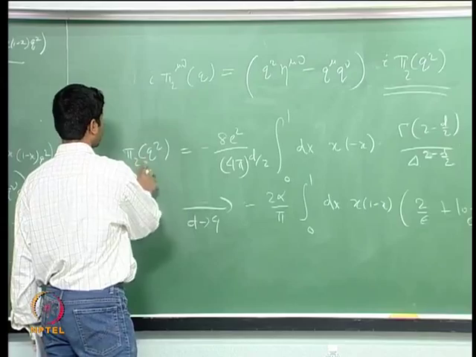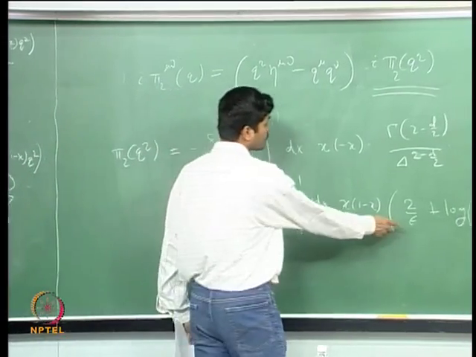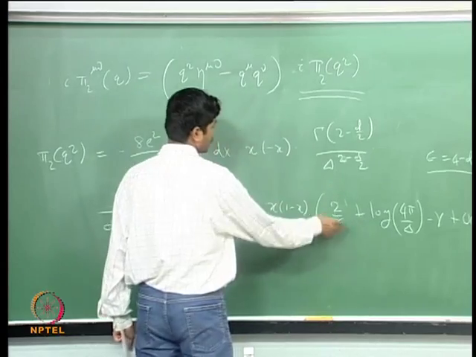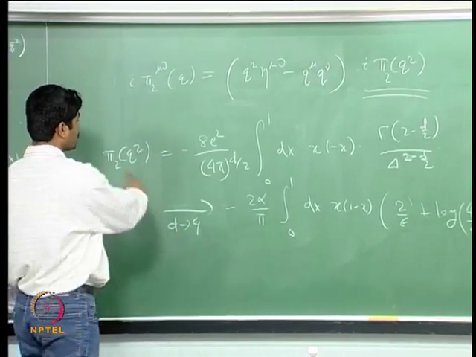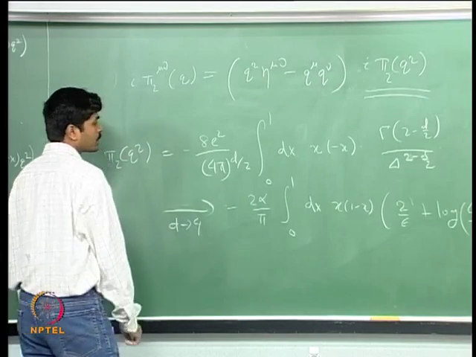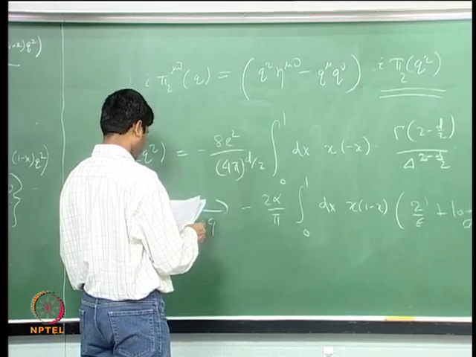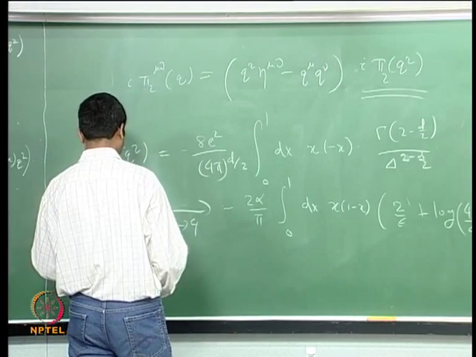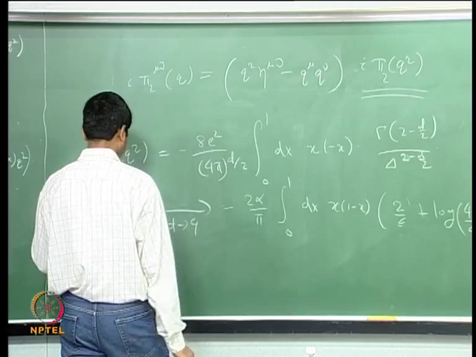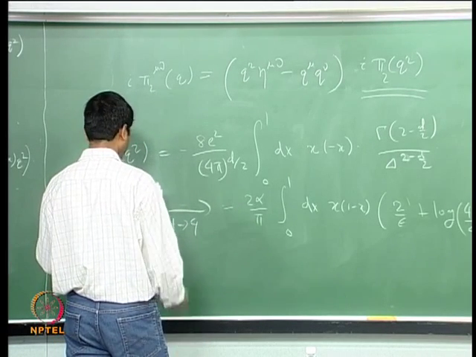This is what we get for pi 2 of q square, and then the divergent piece is given by this term here, 2 over epsilon. So, from here we can just calculate the shift in the electrical charge, and the order alpha shift in the electrical charge is simply given by pi 2 at q square equal to 0.